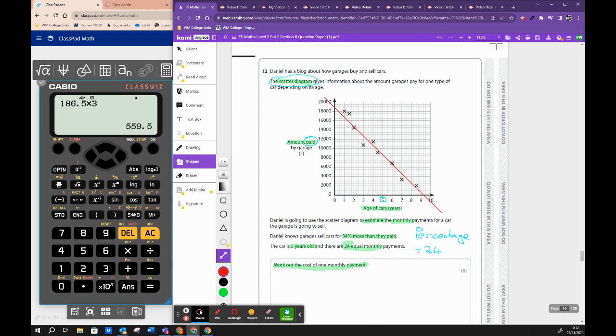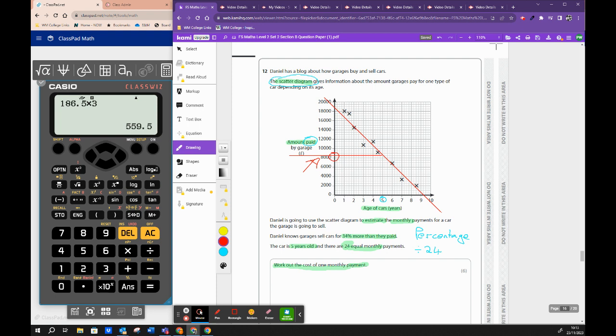I now need to see what we have for this car that's 5 years old. Well, I'm going to go up from here to join my line and go across to this axis here. So where has my line crossed this axis?